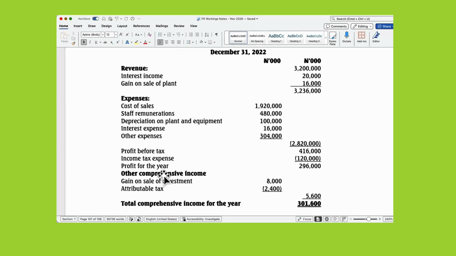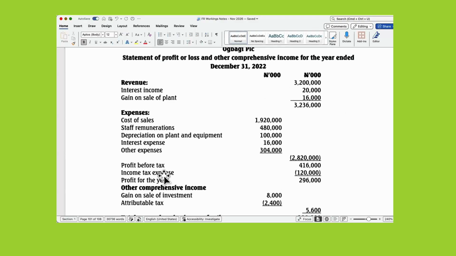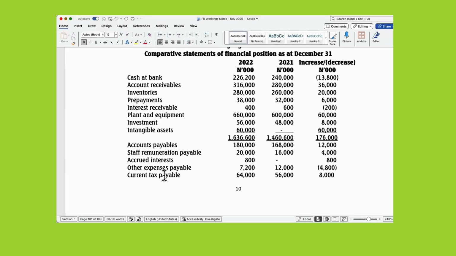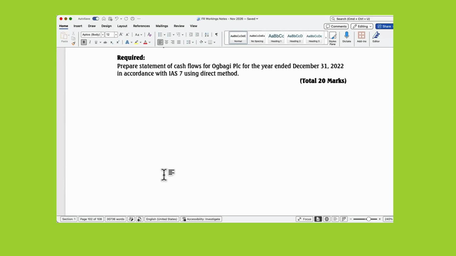Now, for the direct method, you need to do a little thinking. So let me do it like this and see if you are going to understand it. So let me write the name of the entity, Ogbagi PLC.